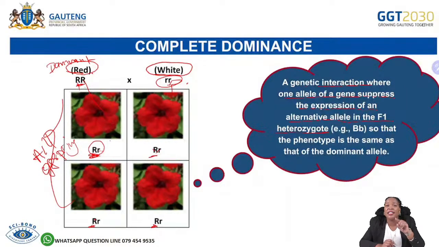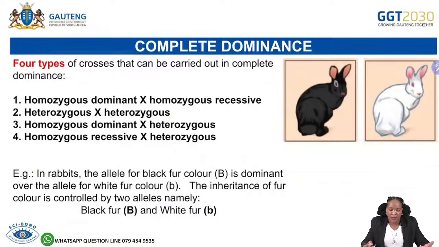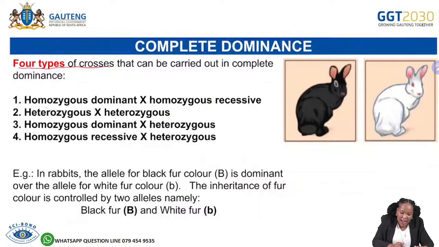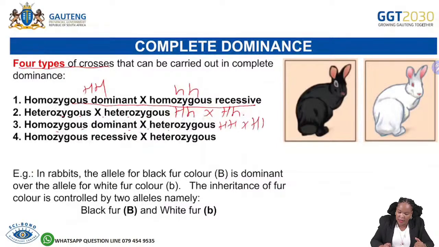This is where you need to listen carefully to the question you are given. An example of complete dominance: there are 4 types of crosses that you can have. You can have a homozygous dominant with a homozygous recessive, a heterozygous with a heterozygous, and a homozygous dominant with a heterozygous.